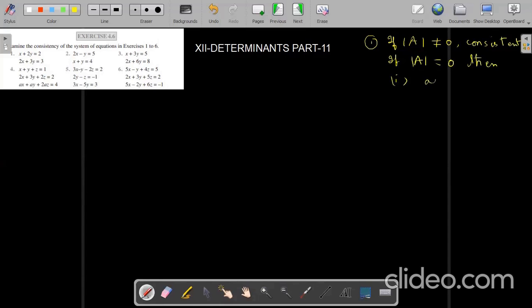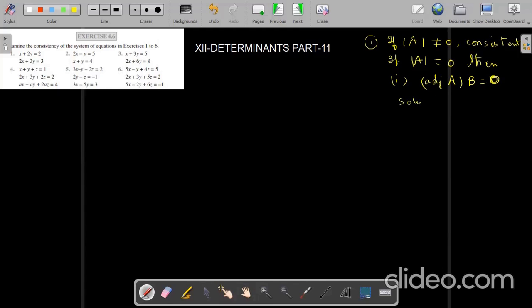We will find the adjoint A, which is a matrix, and multiply it with matrix B. If we are getting 0 matrix on the right hand side on multiplying adjoint A with B, then the system of equations' solution does not exist and the system is inconsistent.